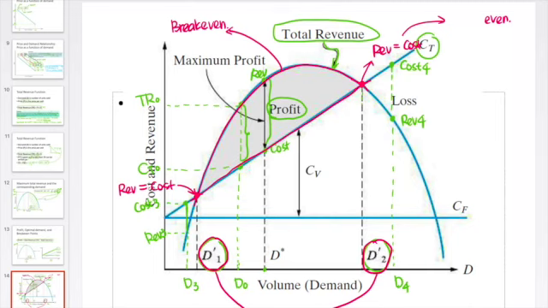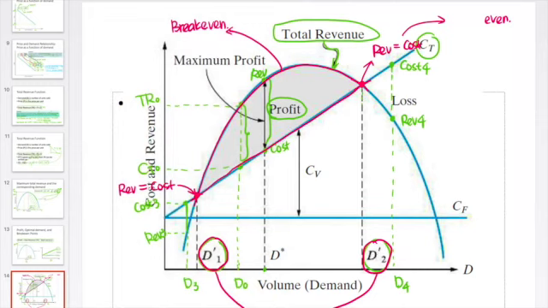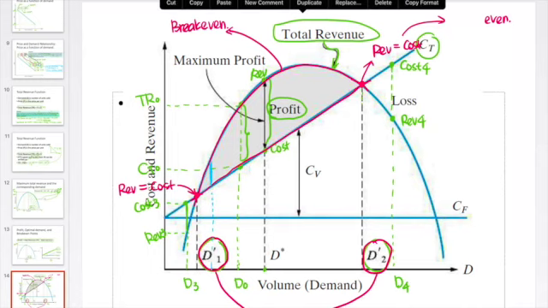So break-even points or break-even demands is very important. You want to keep your demand within that range. Okay? And another important thing is look at this gray area. For a specific demand, like this demand, the length of this blue line is your profit, right?